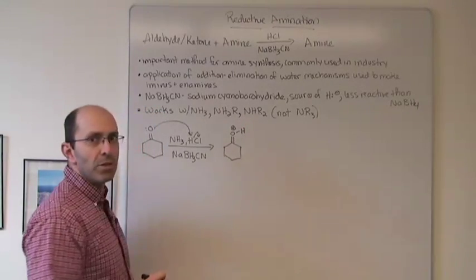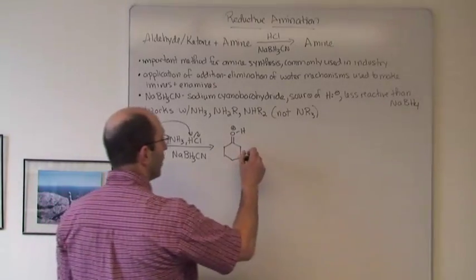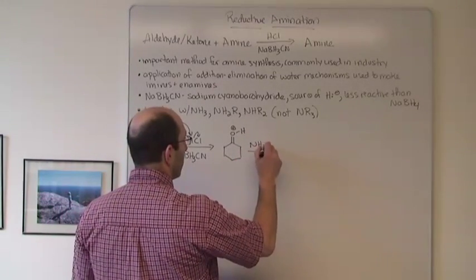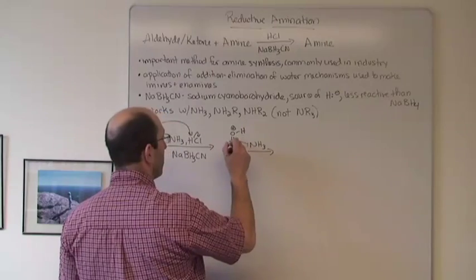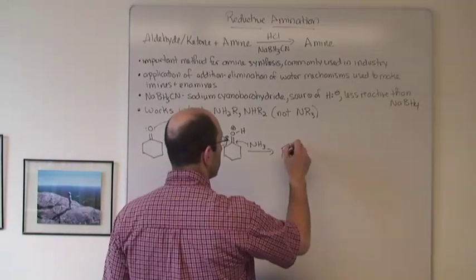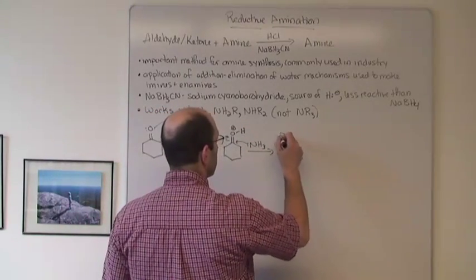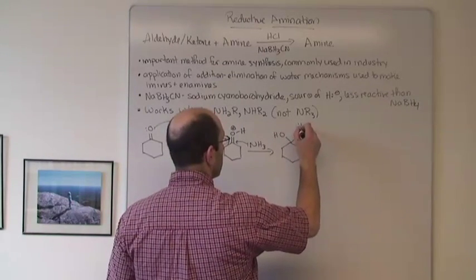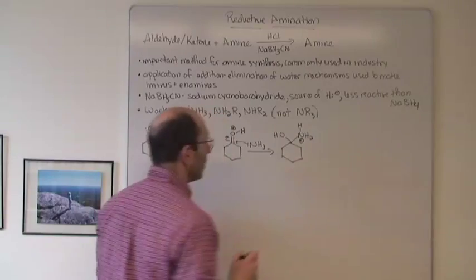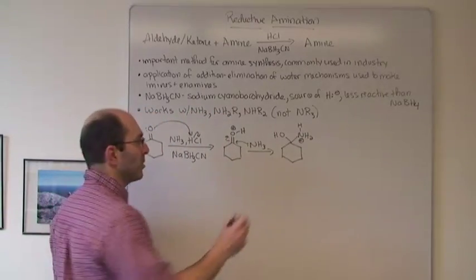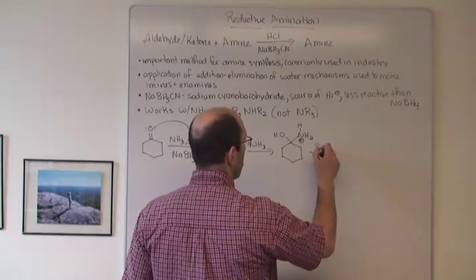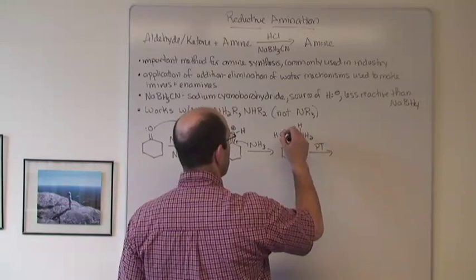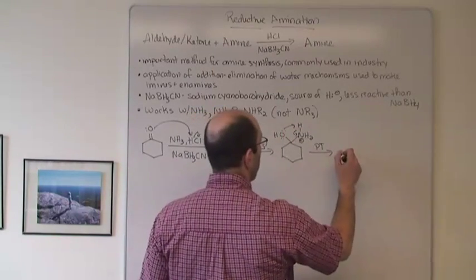That generates our more reactive electrophile. Then we can add our nucleophile ammonia. That generates our tetrahedral intermediate. We can do a proton transfer from oxygen to nitrogen.